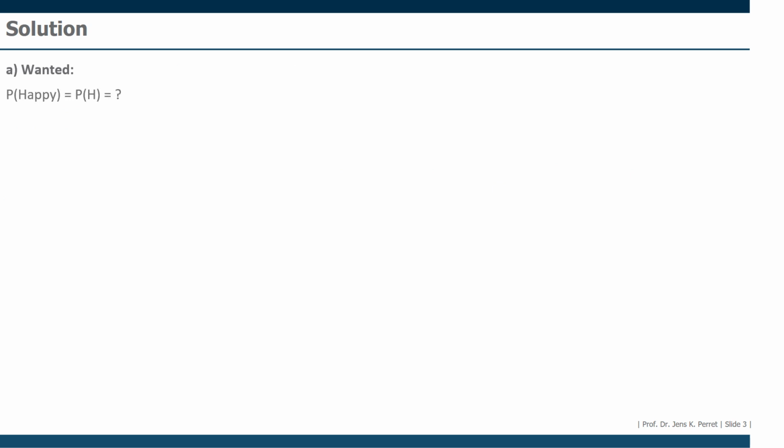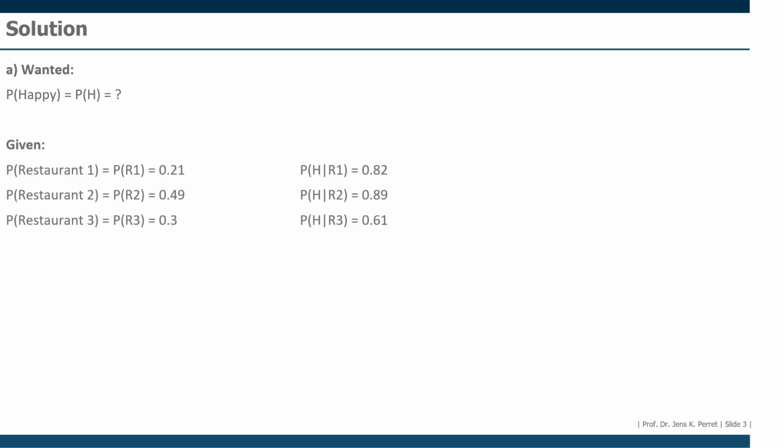Here, what we actually want to know is whether the customer is satisfied, happy. And what we know is, on the one hand, his happiness conditional on the restaurants where he ate. And we also know the share of the restaurants in the total, how many customers frequent them.